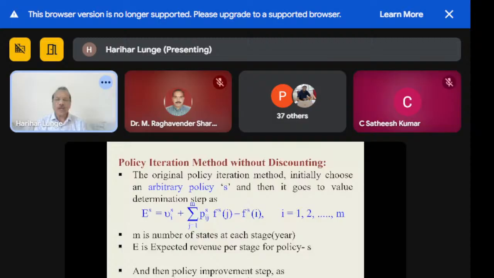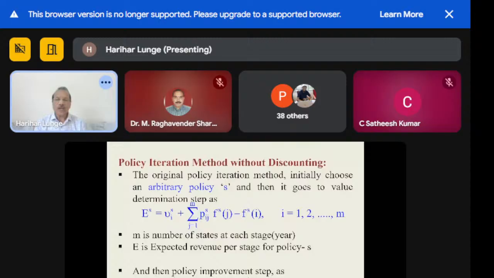So use this equation: E_S equals V_i^S plus summation P_ij^S F_j minus F_i, where M is the number of states for each stage and E is the expected revenue. Using this value determination step, it goes to the policy improvement step by this equation.